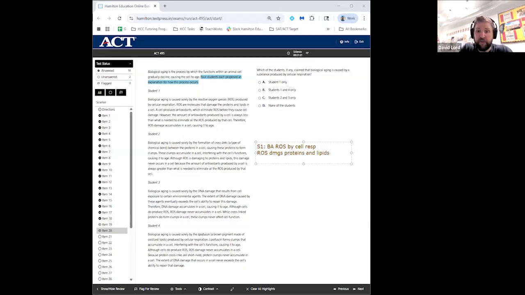The cell makes antioxidants, but the antioxidants are less than the damage, it looks like, and therefore the ROS accumulates over time. All right. How does that compare to scientist 2?